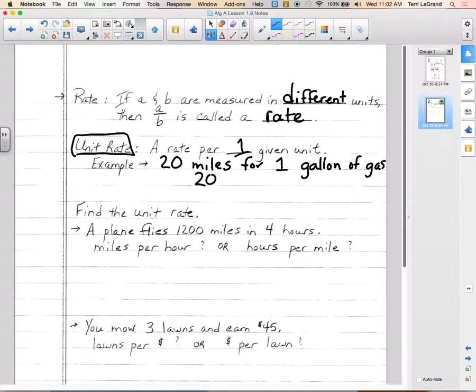We would show it, instead of 20 to 1, we would show it like this, 20 miles per gallon. So we don't show the 1 in a unit rate. And we named a bunch of unit rates. So when we talk about, like, Cody getting paid $11 per hour, we don't put the 1 hour, we just put $11 per hour.